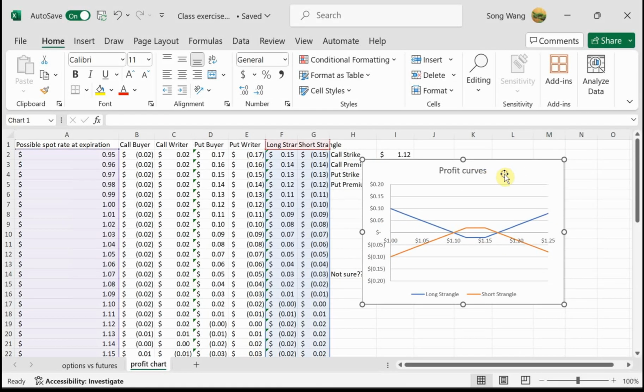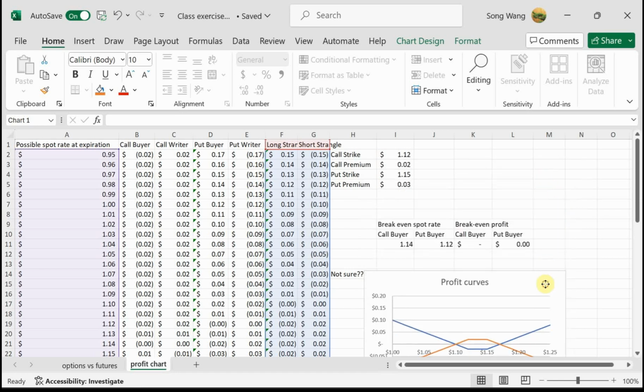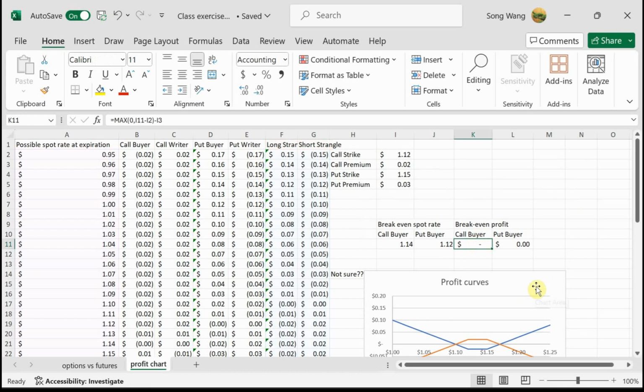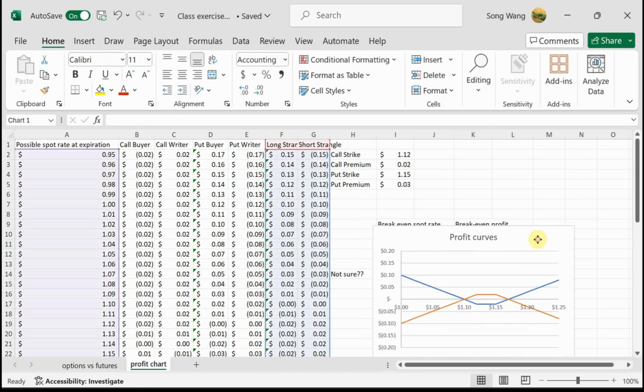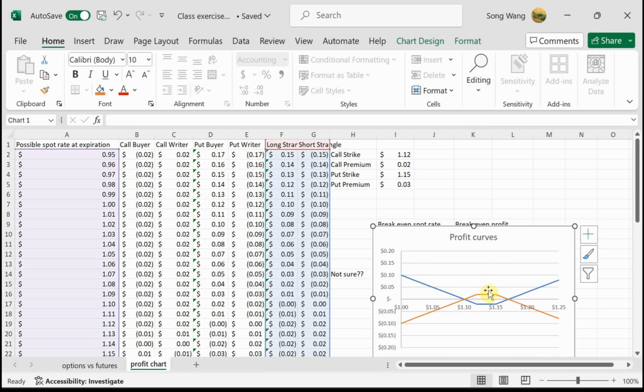Okay, so you can see that to solve for the break-even points is pretty hard, because there are 2 points that give a 0 profit on either the short strangle curve or the long strangle curve. If you use GoSeek, as we did before, GoSeek can only generate one single answer, but right here for the break-even points of strangle, you have 2.